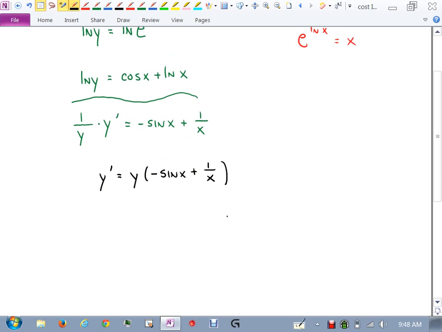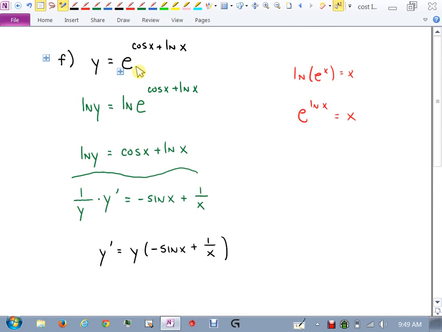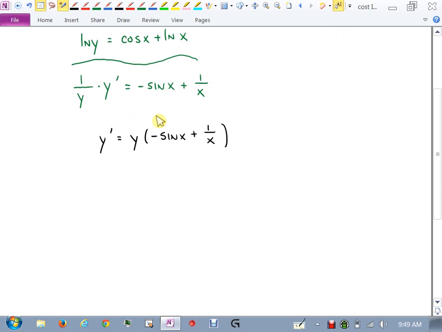And we're almost there. What's y? Go back up to the top. This is what y is. So you get y prime is e to the cosine x plus natural log x times what was here, negative sine x plus 1 over x.